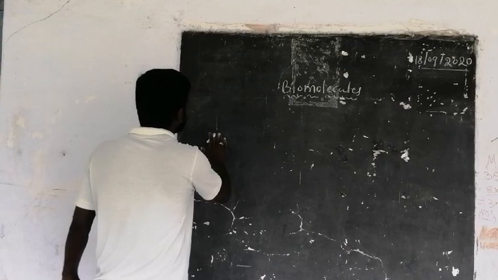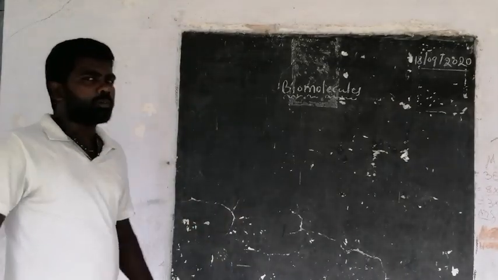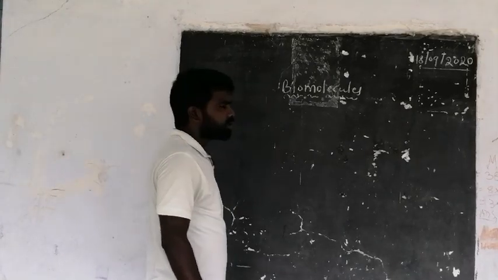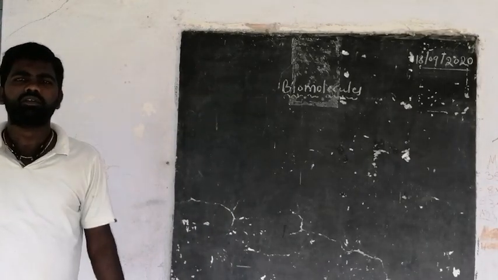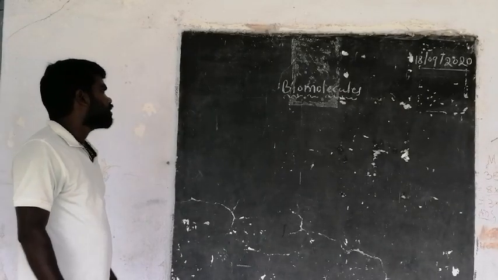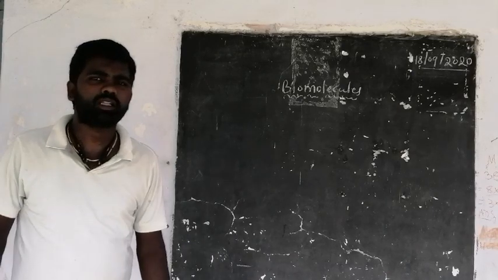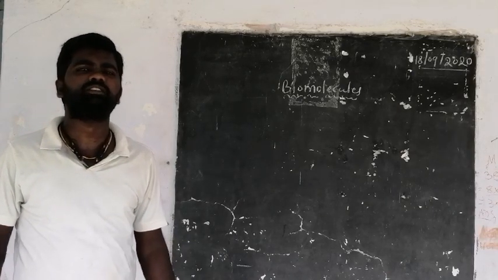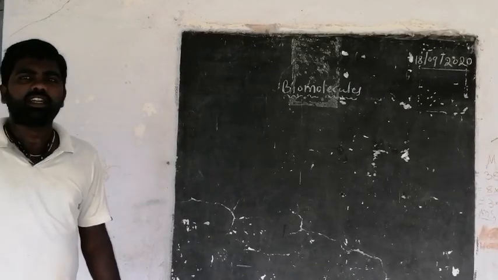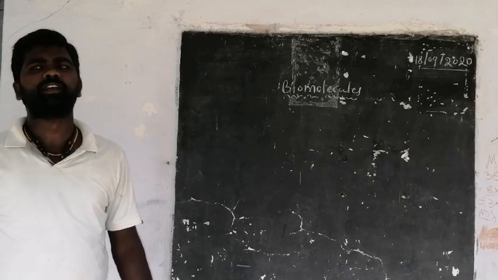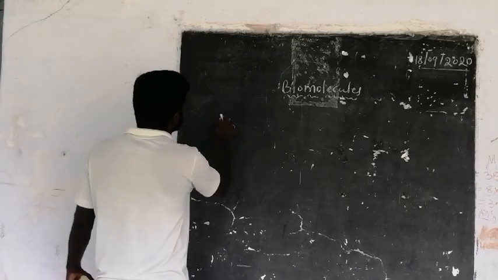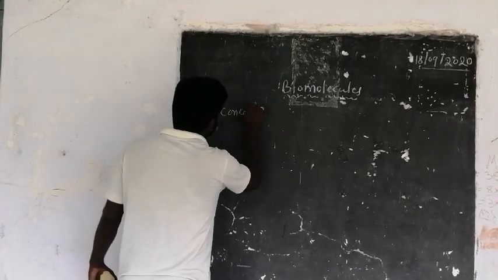Here, biomolecules means the substances which are developed in a living system are called biomolecules, or the molecules developed in each and every living system are called biomolecules. The living system is mainly run by one thing called metabolism. See the concept of metabolism.